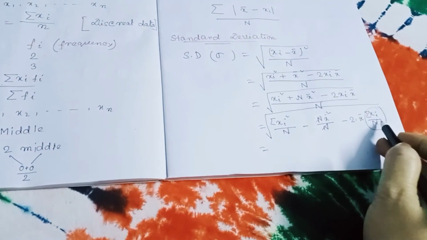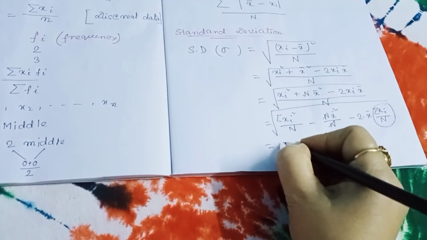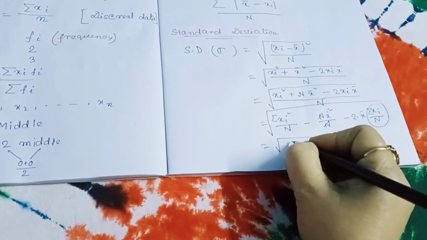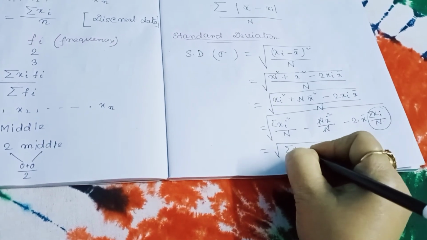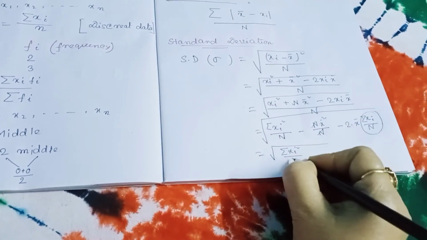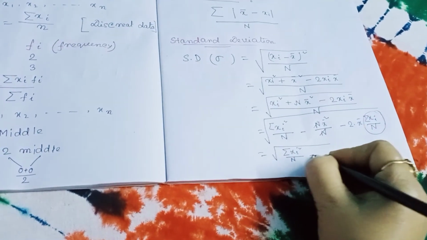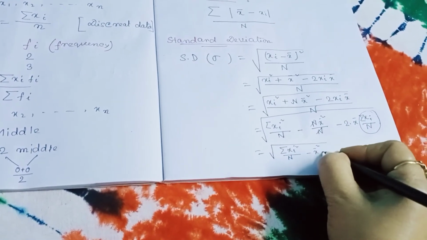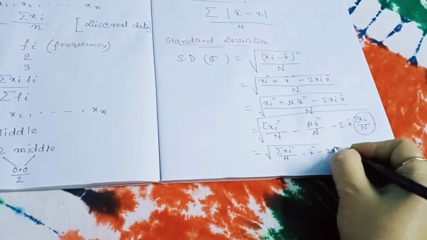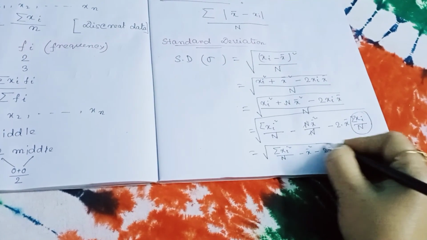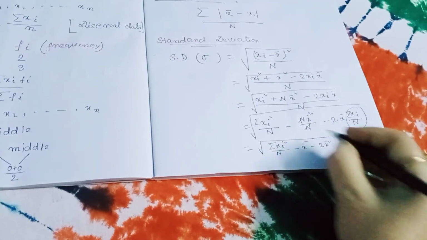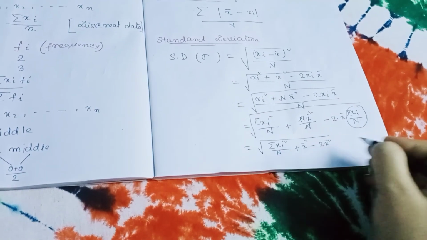So we get root over summation xi square divided by n minus x bar square, minus 2 x bar square, plus x bar square.